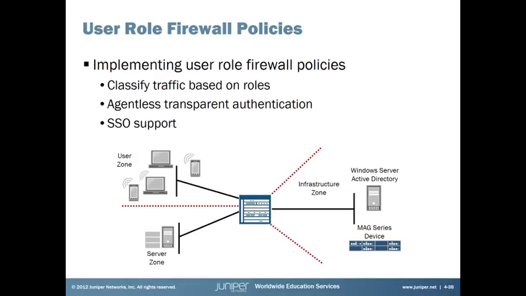Have this MAG series device which will then authenticate the traffic through, so the user's credentials are put into another device, which then you use to authenticate that connection. So the person has to actually enter in some kind of credentials to establish the connection. So you can set that up inside of a firewall policy.